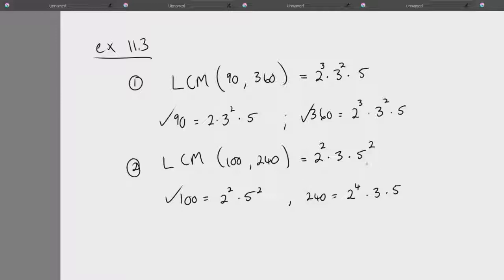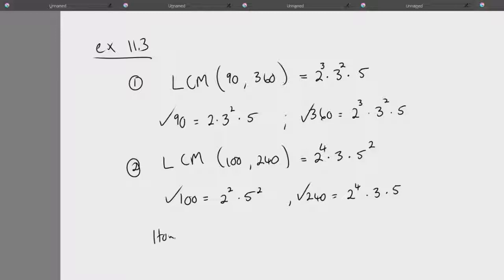It's the minimum I need to see. 240 says, I have my 3. I just needed 1 5, so I'm good. But I don't have enough 2s. I have too many 2s, and I can't fit in. So please update this to 4 2s, and I'm happy as well. And there you go.